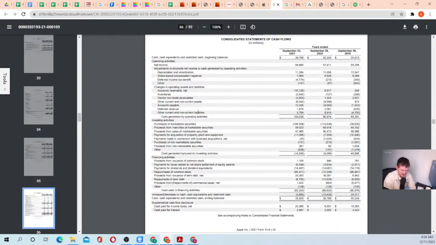As we can see, cash flow statements consist of 3 parts. It has cash generated by operating activities, cash generated by or used in investing activities, and cash used in financing activities.